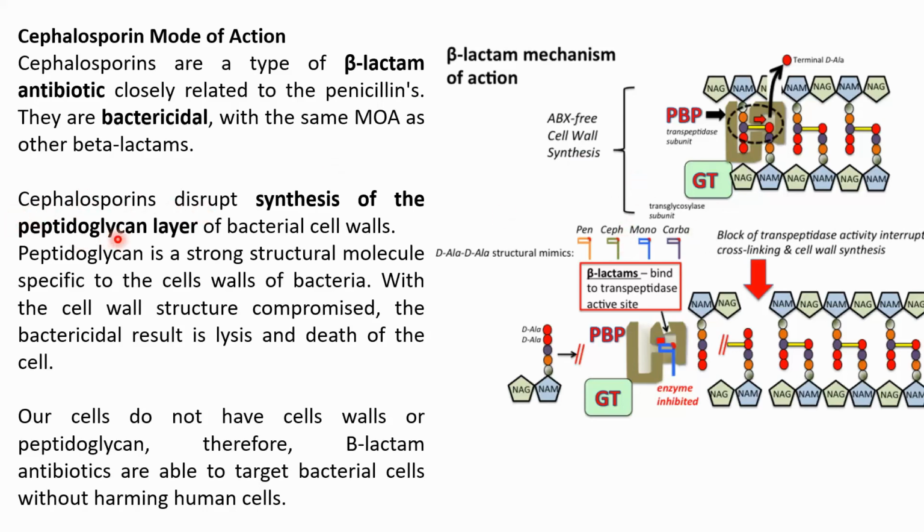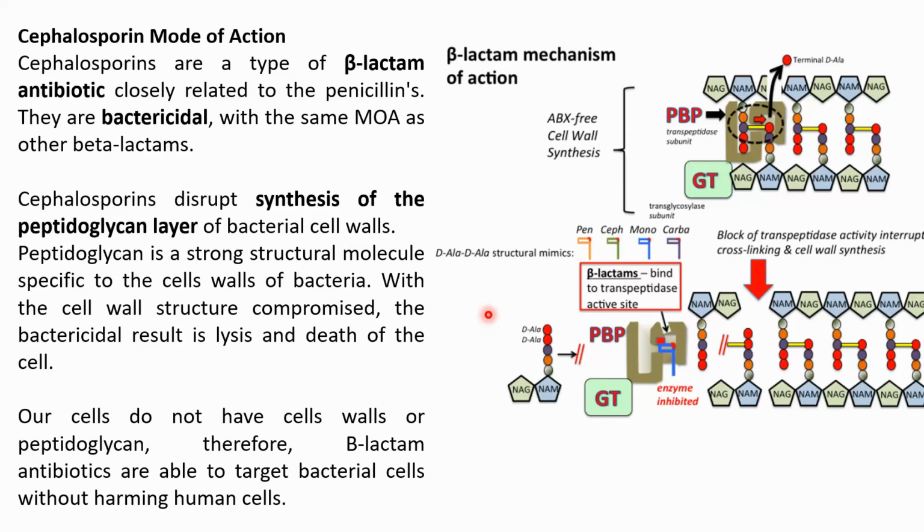Here you can see it disturbs the synthesis of the peptidoglycan layer of the bacterial cell wall, and this peptidoglycan is a strong structural molecule which is specific to the bacterial cell wall. So when this peptidoglycan layer becomes weak, because of that cell lysis will take place.